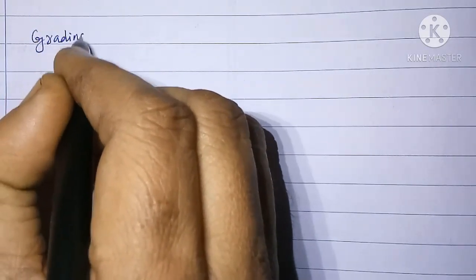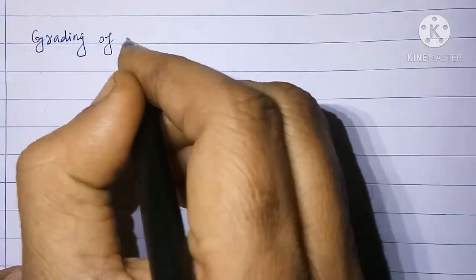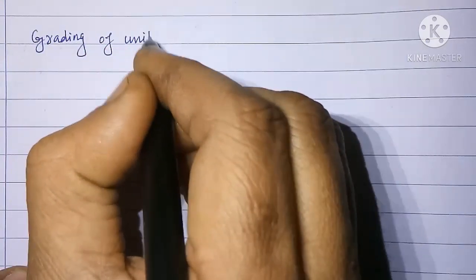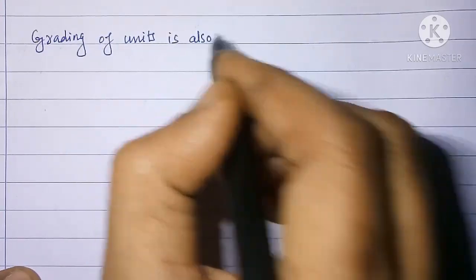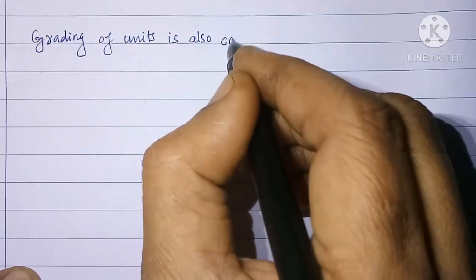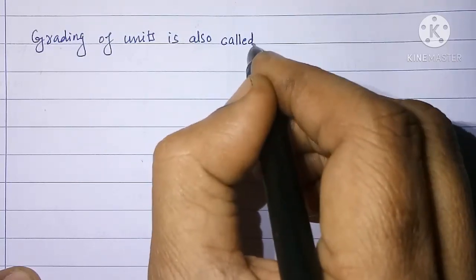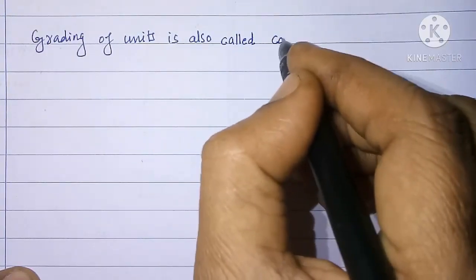Grading of units is also called capacitance grading.